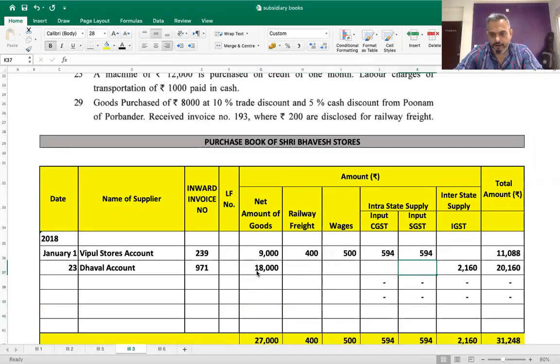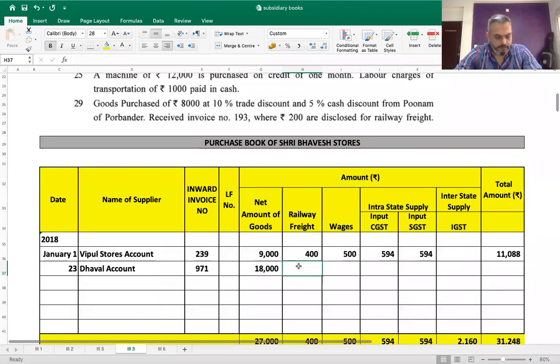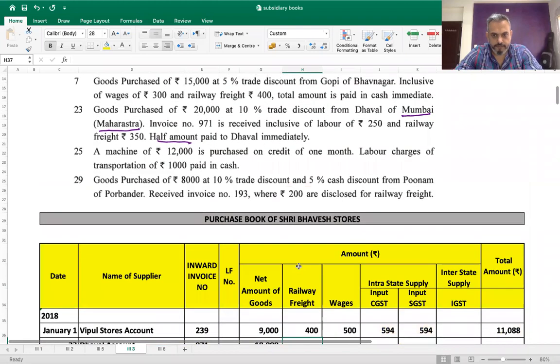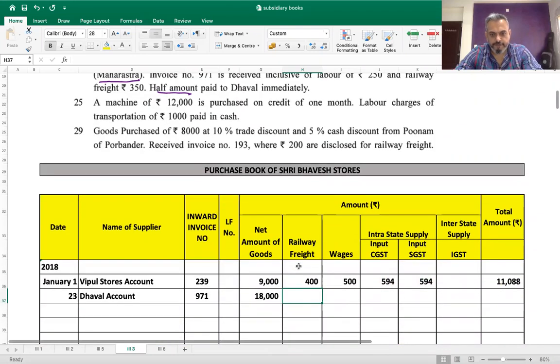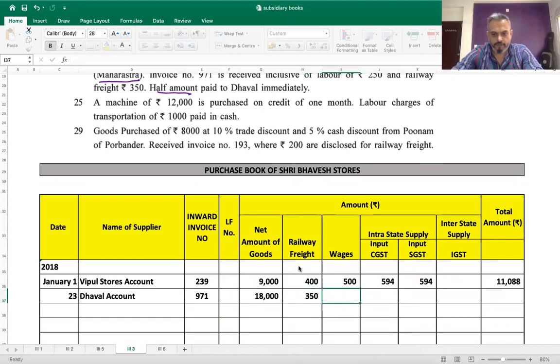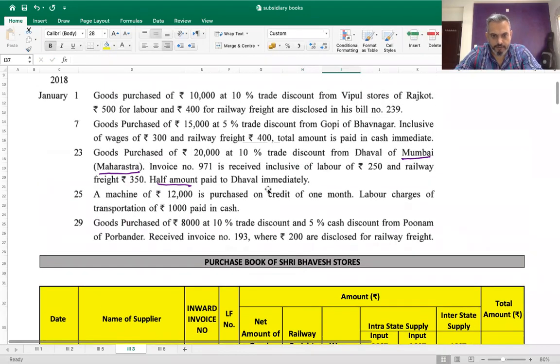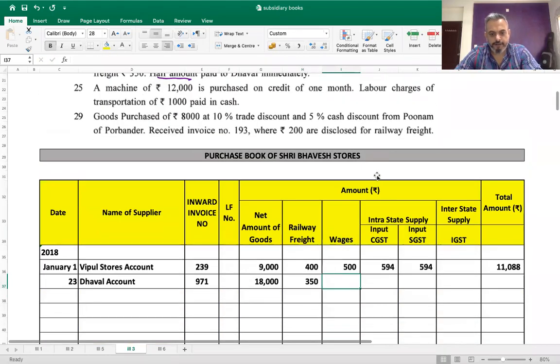Now here it will be only IGST. We'll do it later. Now railway freight is rupees 350. Be careful about the columns. And labor 250.